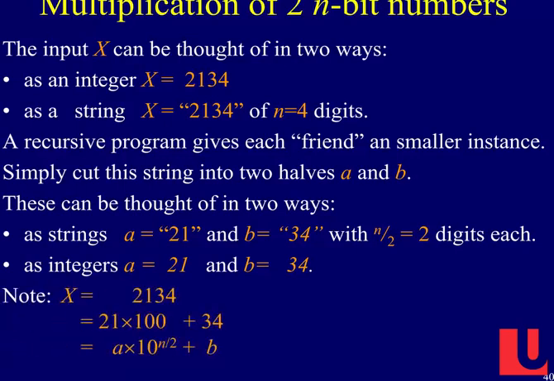And then you need to know the relationship between the A's and the X. So here, if you take the 21 and you want to shift it over 2 places, because here n is 4, you multiply it by 10 to the n over 2, and then you add on this.